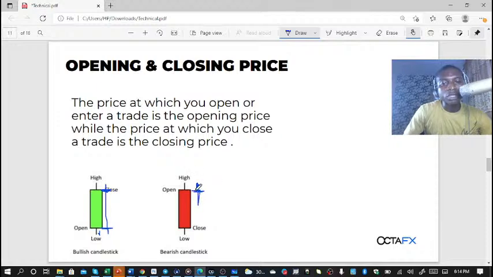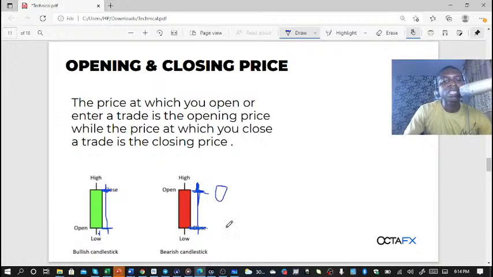Sorry, it opened at this level, went up, could not sustain, came down to this level, could not sustain there, came to this level, and closed at this level. The level at which it closed is our closing price. The level at which it opens is our opening price.